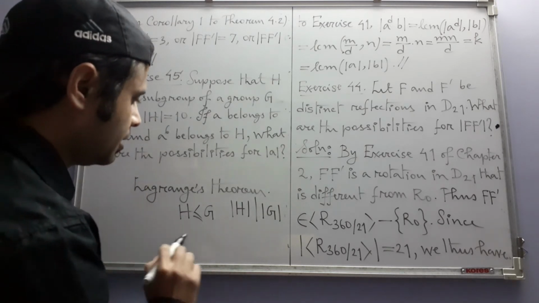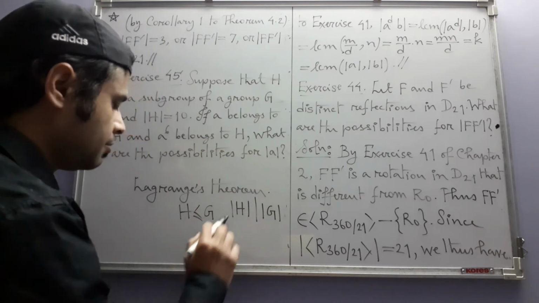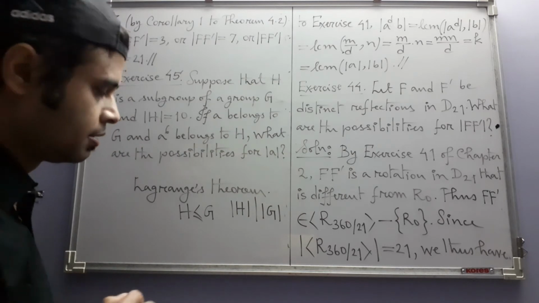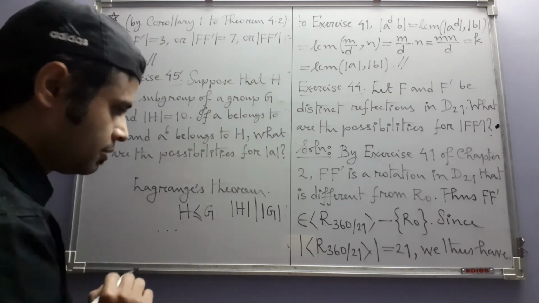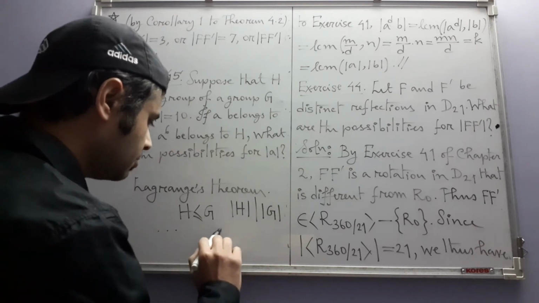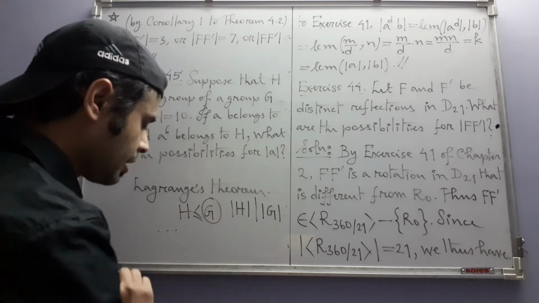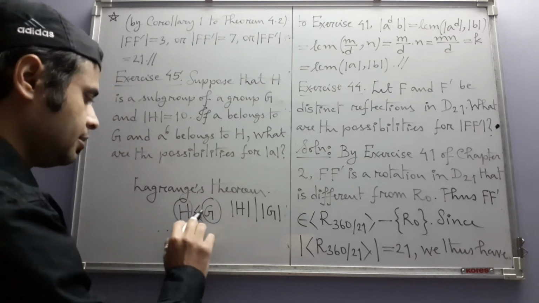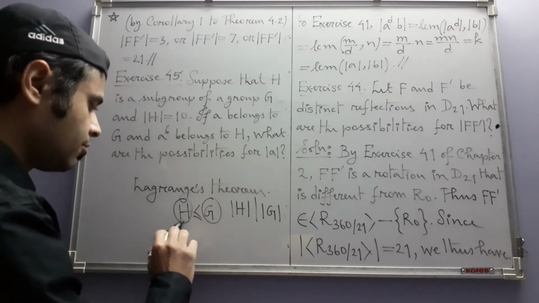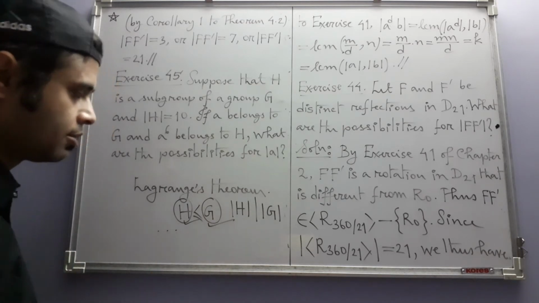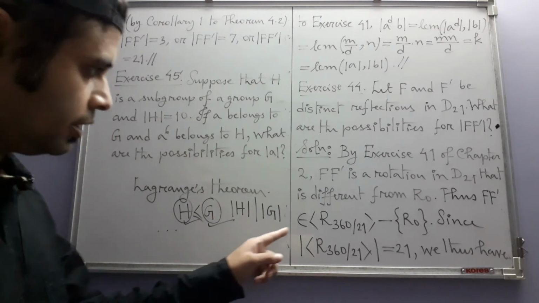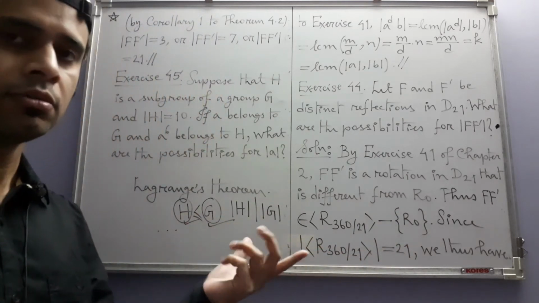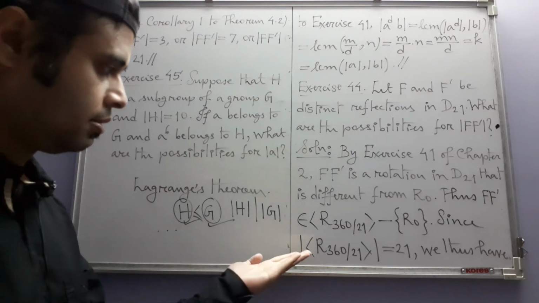We have, however, proved in this chapter the cyclic group version of this in the fundamental theorem of cyclic groups, where we proved that if G is a cyclic group, then H is also a cyclic group, and if G is finite, then the order of H divides the order of G. So here you can see that we have used this cyclic group version of Lagrange's theorem.